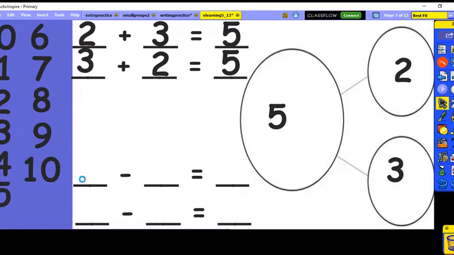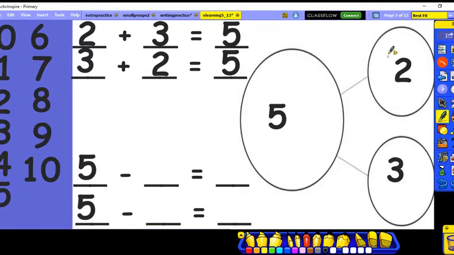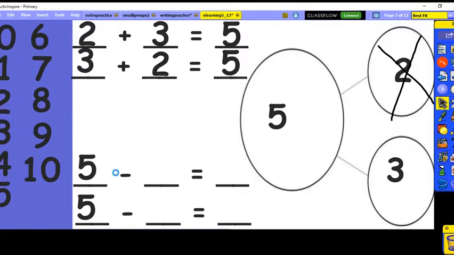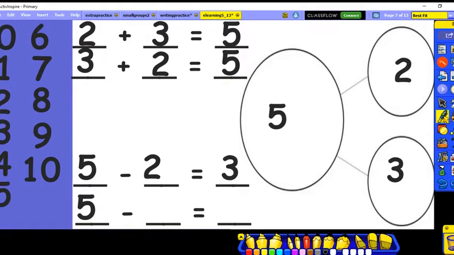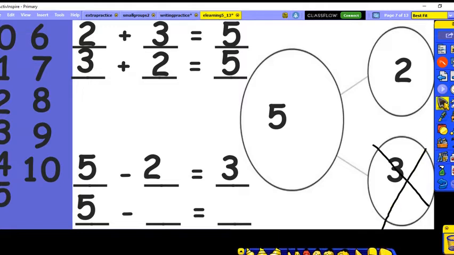We'll start with our biggest number on both of our subtraction sentences for our fact family. 5, we're going to take away one part. 5 minus 2, and we'll get the other part, which is 3. 5 minus 2 equals 3. And 5 minus 3 is how many? What's the other part? 5 minus 3 equals 2.